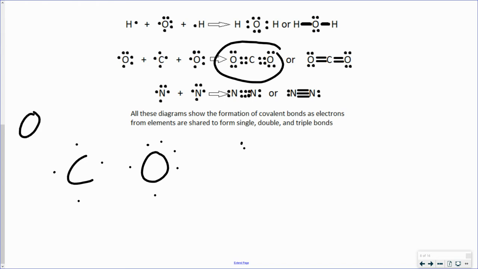We'll put another oxygen here. Now, when you add those up, 6 plus 6 is 12, plus 4 is 16. So I have 16 dots there. That means that when I make my drawing, I'm only allowed to have 16 dots. So what normally happens is you would go like this, and you'll bond them. Now, they've bonded together, and you could draw this like so.